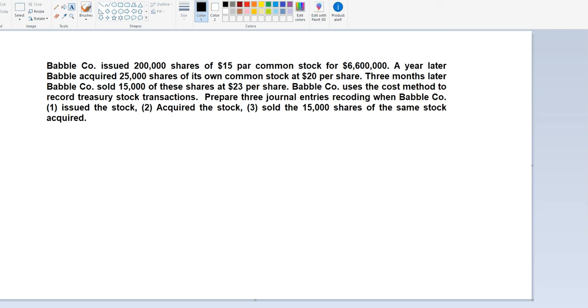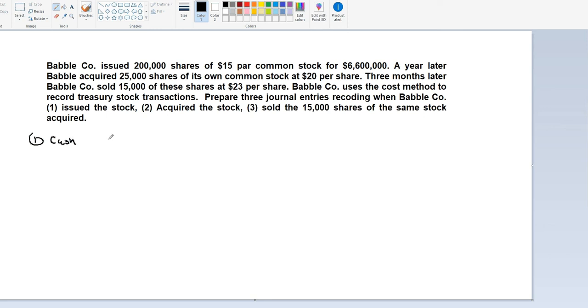Well, a couple of things that we know right off the bat. We know initially on the journal entry, which is going to be right here, and let me adjust my size for the pen. We have a simple journal entry, and we know we got cash when we originally issued the stock.